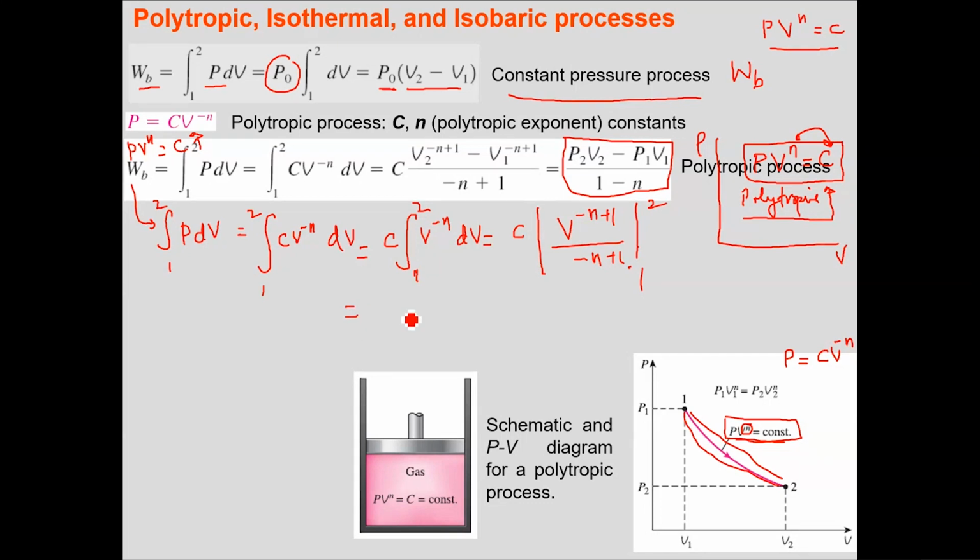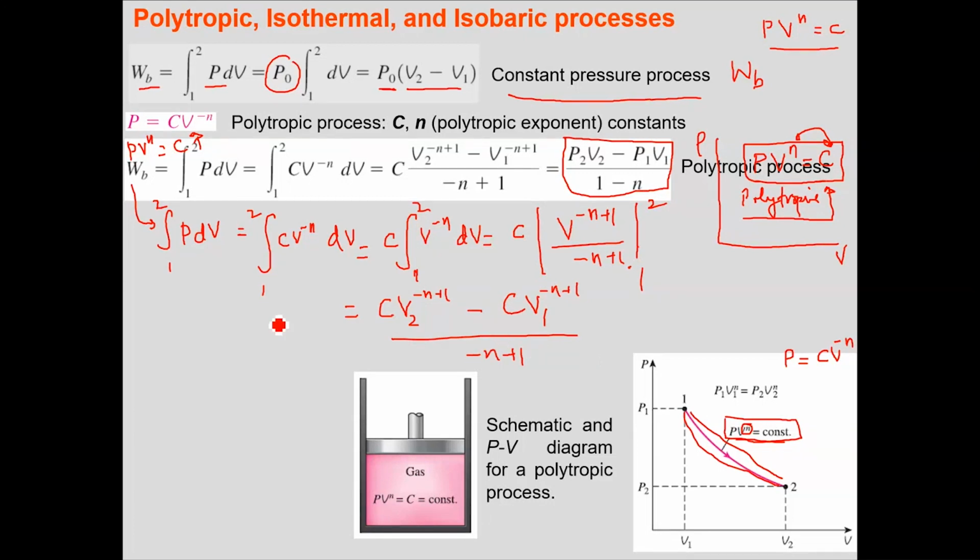This could be written as C multiplied by V2 to the power minus n plus 1, minus C times V1 to the power minus n plus 1, all over minus n plus 1. Is it clear so far? Up to this point, is it clear?